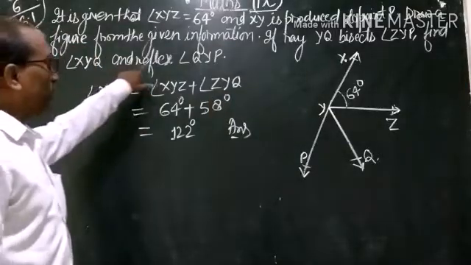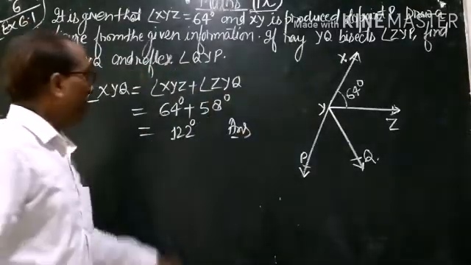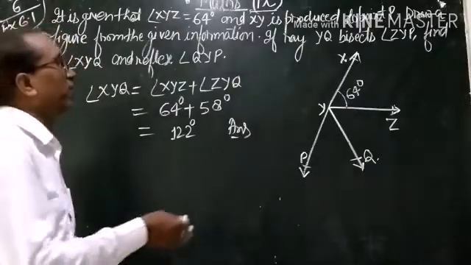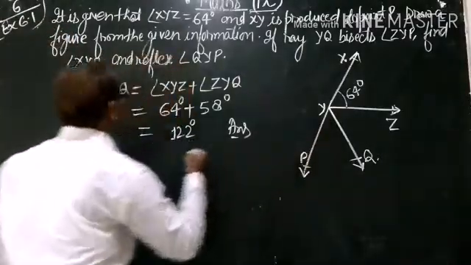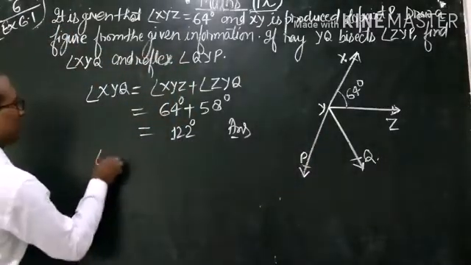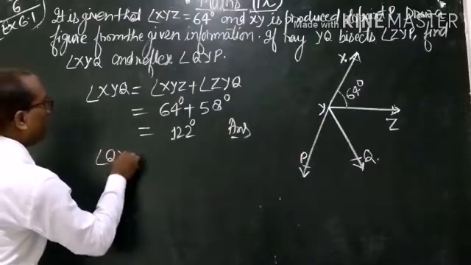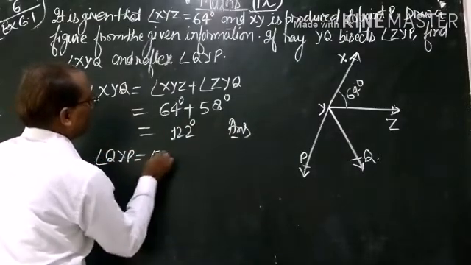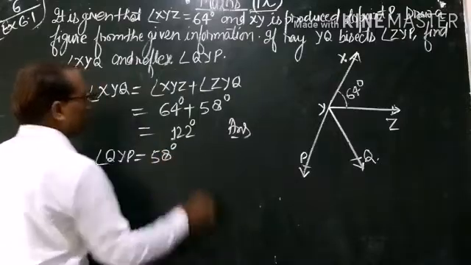Second answer, reflex angle. You find out the reflex angle QYP. First of all you write angle QYP is equal to 58 degree. This is solved.